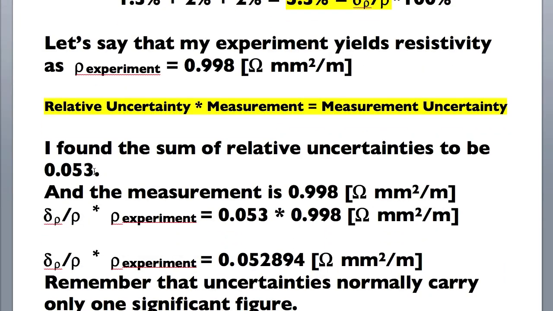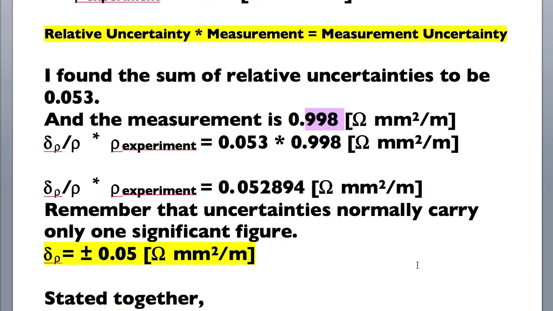Remember, it's dimensionless. And the measurement is 0.998 with dimensions. If we take the relative uncertainty, this number, and multiply it by the measurement, or the calculation, we will get the uncertainty as a measurement. The units transfer, and we get 0.052894, and so on, ohm millimeters squared per meter.